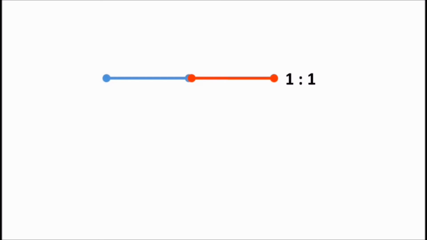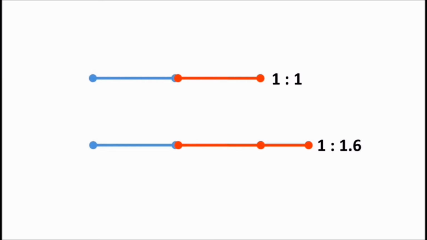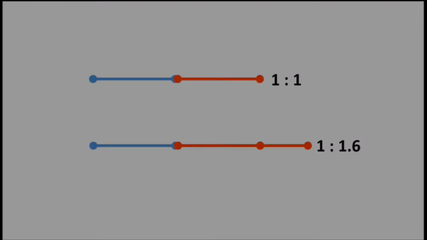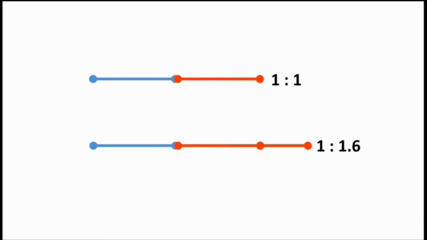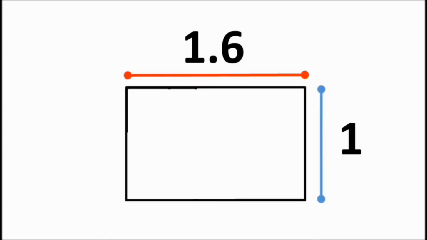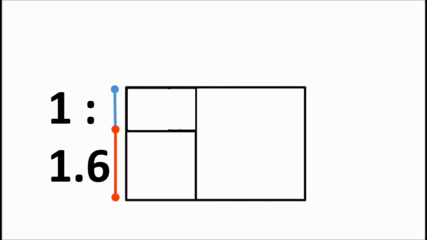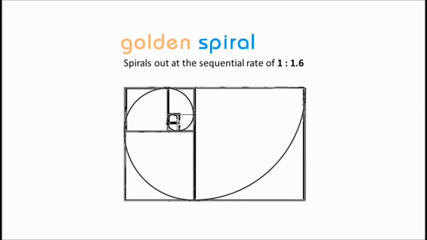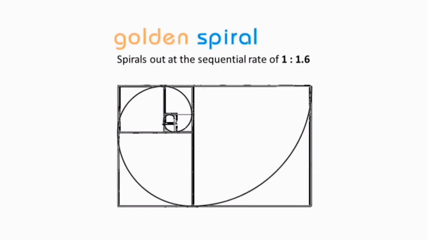So to make a 1 to 1.6 ratio, you just envision a little more than half of the initial line added to the line on the other side. This is what the golden ratio looks like as a rectangle, 1 to 1.6. And if we were to start making incremental golden ratio points within that, we can get an idea of what a spiral looks like when it expands outward in the same measured sequence.